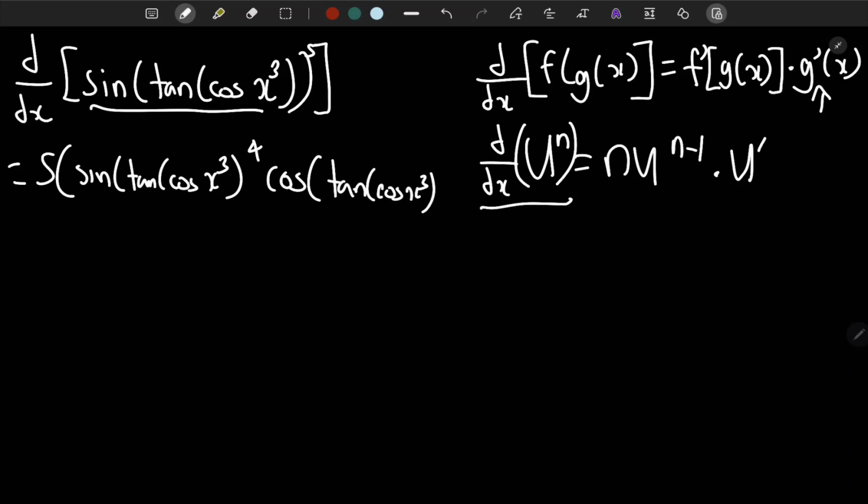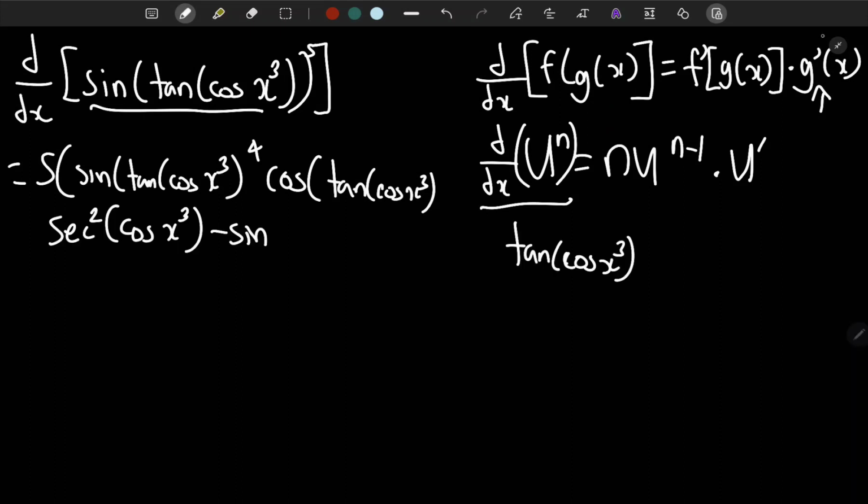So it's going to keep repeating and looping until we are done. This time we need to derive cosine x cube, and that's going to be negative sine x cube, and now the derivative of x cube is 3x squared, so that's the final answer.